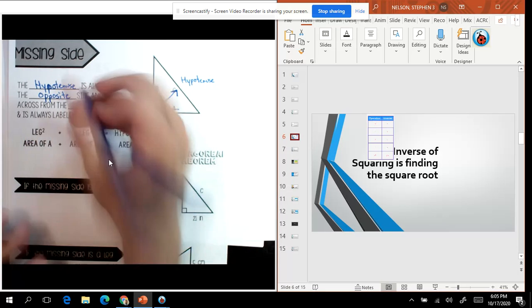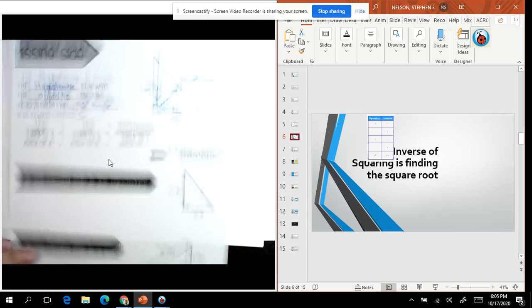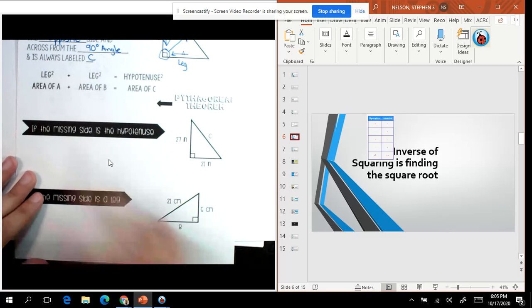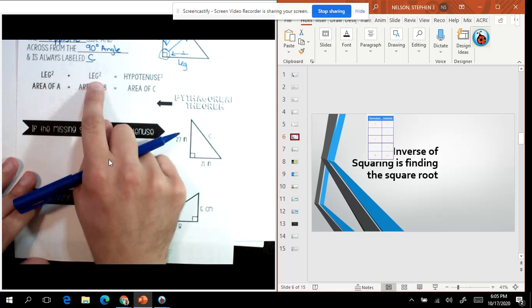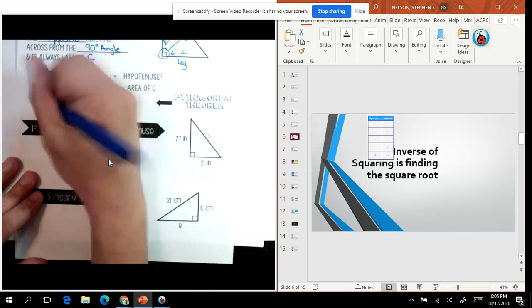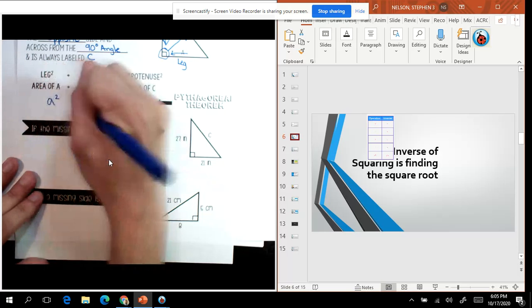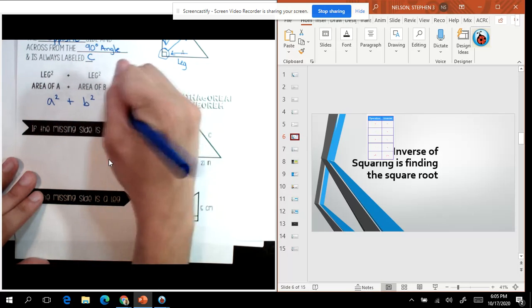It is always labeled C. All right, so it says leg squared plus leg squared equals hypotenuse squared. It's the same equation we were working with: A squared plus B squared is equal to C squared.